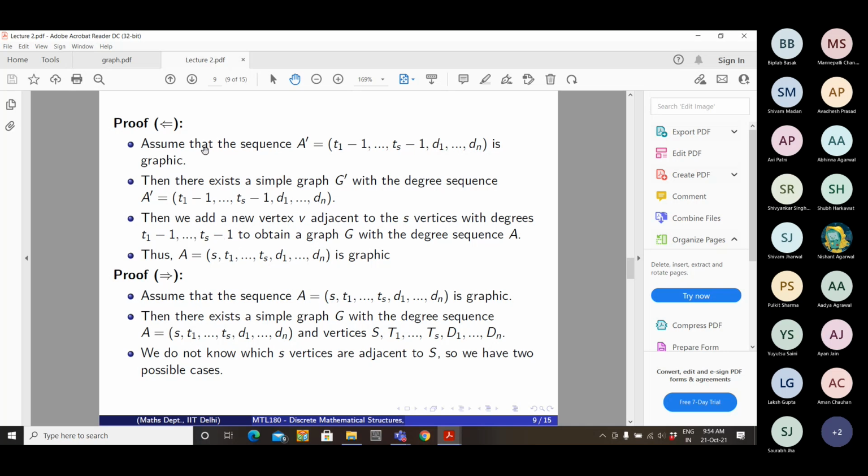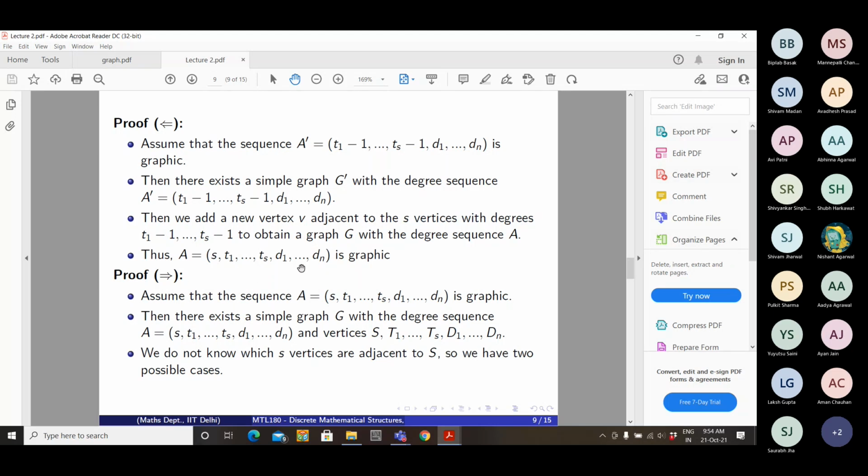Now if we add one extra vertex V which is not in G dash, and add edges to the vertices of degree T1 minus 1, T2 minus 1 up to Ts minus 1, then this vertex V has degree S, because it is adjacent to S distinct vertices. Since the first S vertices are adjacent to the new vertex V, their degrees also increase by 1. So we have the degree sequence S, T1, T2 up to Ts, and then D1, D2 up to Dn.